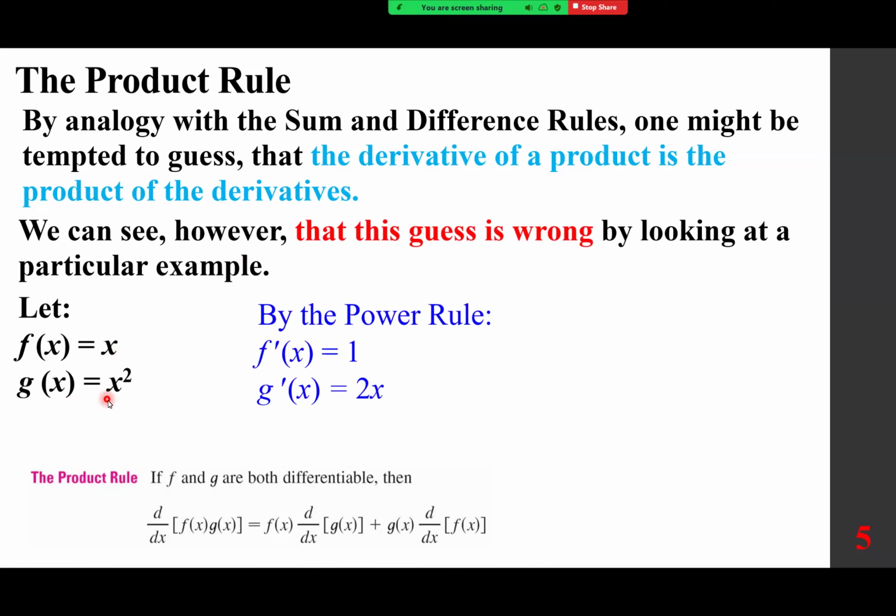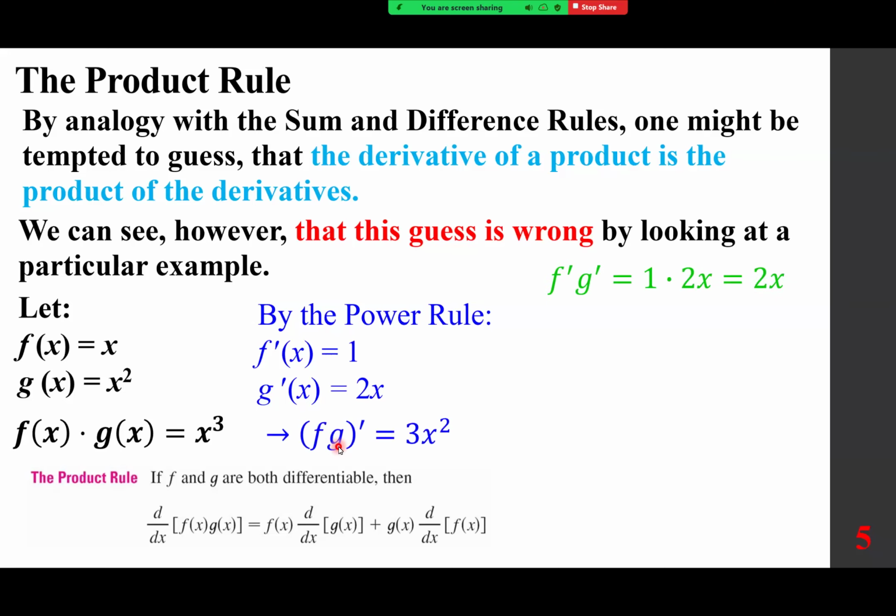If you multiply f and g, you get x cubed, and you know the derivative of x cubed is 3x squared, which we call fg prime. Now, if you look at f prime g prime, that means multiplying 1 and 2x, you get 2x, which is clearly not the answer. Therefore, fg prime, which is 3x squared, is not equal to f prime g prime, which is 2x.